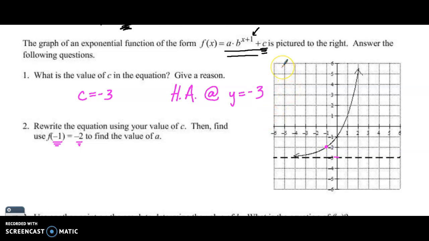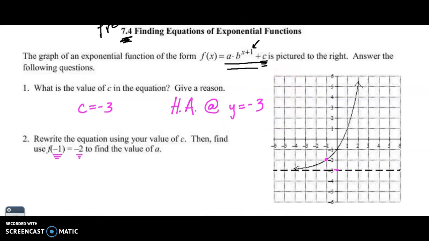The other reason why I want you to examine x equals -1 is if I put -1 in for this x, -1 plus 1 is 0. And what is any base to the 0 power equal to? It's equal to 1.